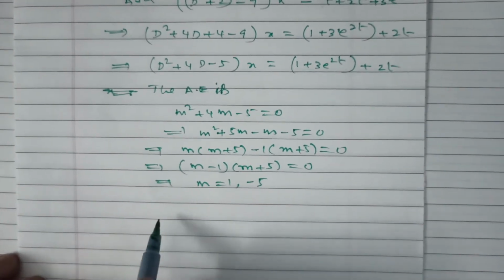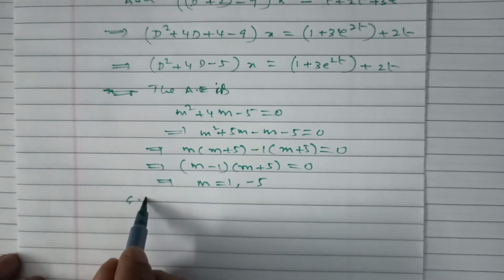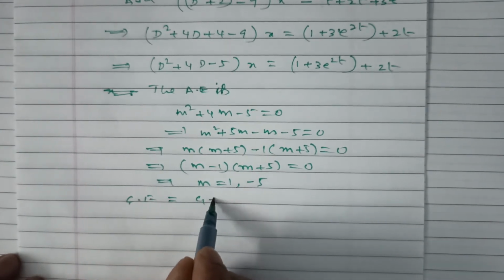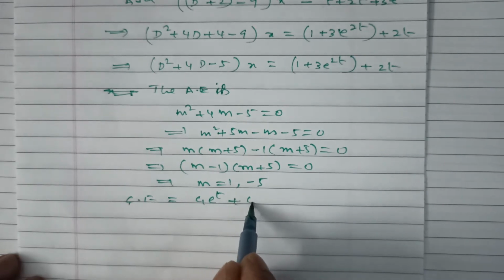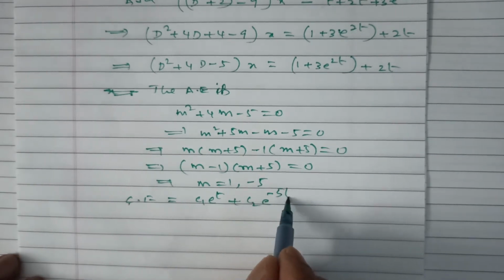So CF is equal to C1 e to the power of t plus C2 e to the power of minus 5t.